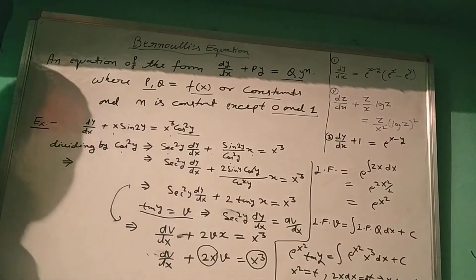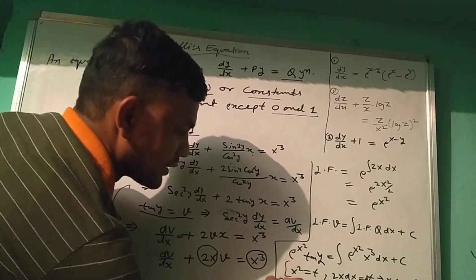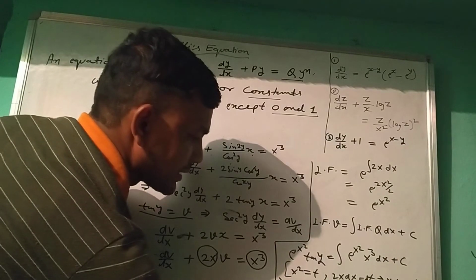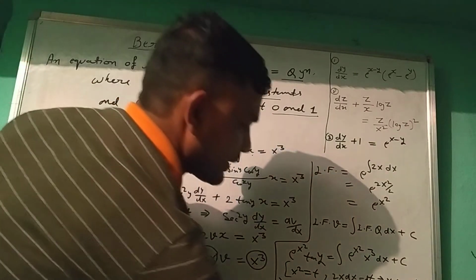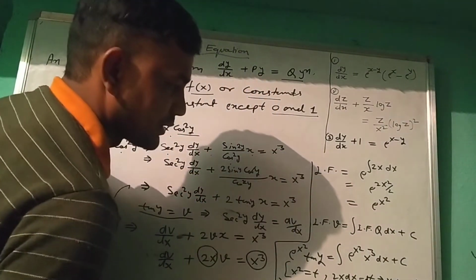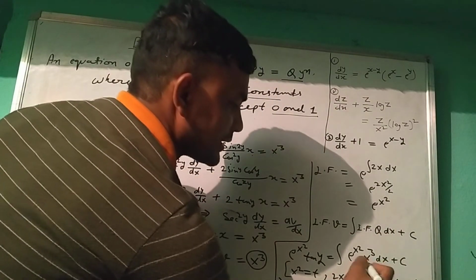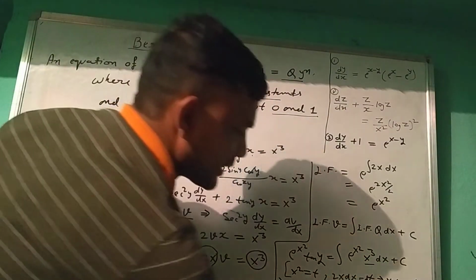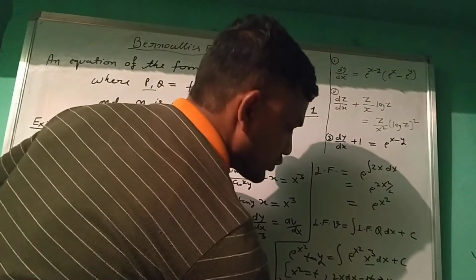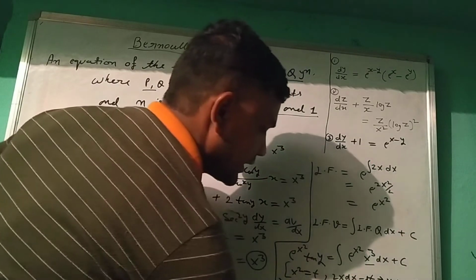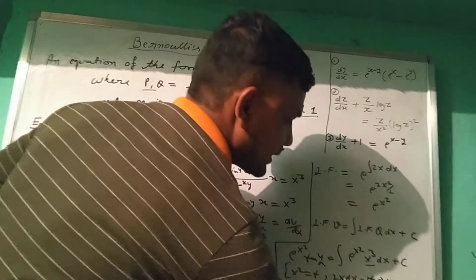In this case, this part converts into e^(x^2) tan y equal to integration of e^t. We can write x^2 as t, and x dx equals dt/2. This is dt, and we can take 1/2 out of the integration sign. Then this is plus c.